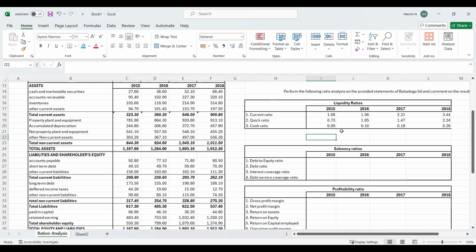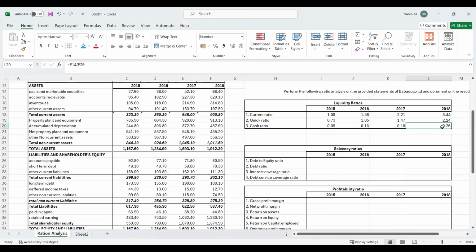So on the cash ratio, it provides an insight into the company's liquidity in the absence of the other current assets. A higher cash ratio indicates a stronger ability to meet short-term obligations. Like in these years, 2015, 2016, 2017, 2018, we have a higher ratio in the year 2018.